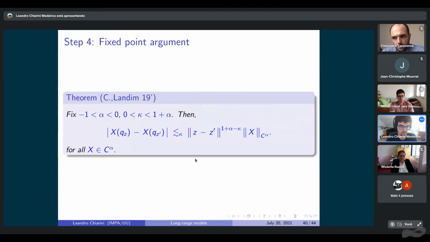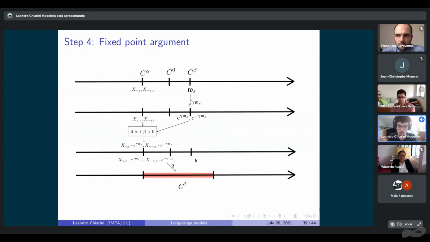This is our new contribution, showing that we do have a gain in regularity, and we gain 1 regularity, basically. So we gain 1 minus kappa for any kappa positive. So we're actually gaining regularity in a Schauder estimate kind of setting in the Besov spaces.